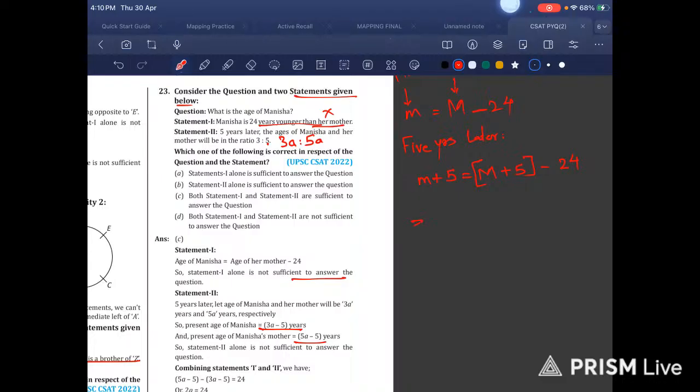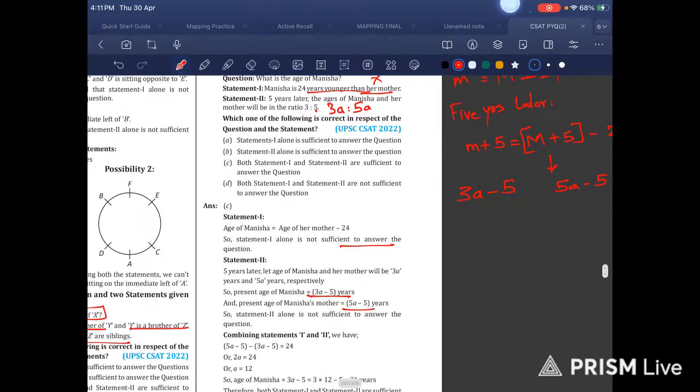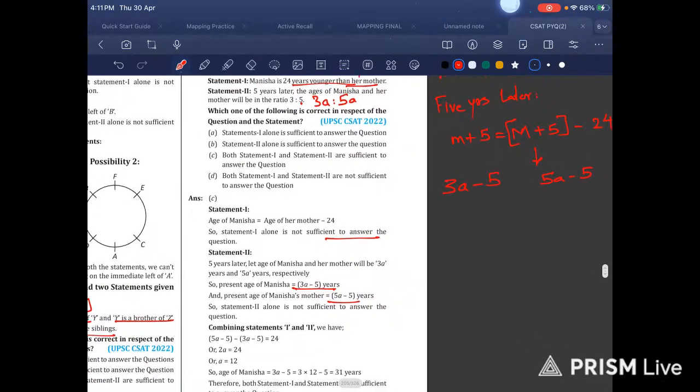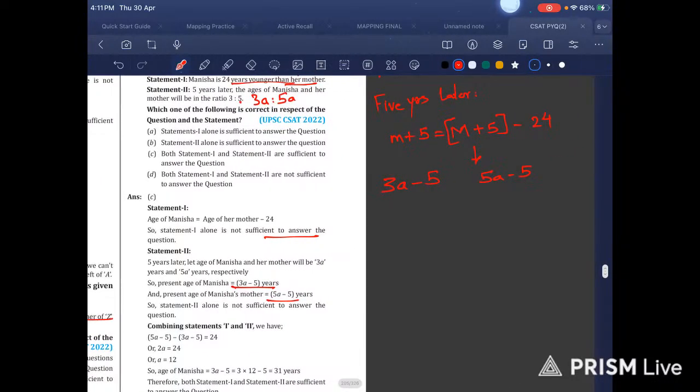So it will become 3a minus 5 is equal to, and this will be 5a minus 5. Correct, so this is correct now.